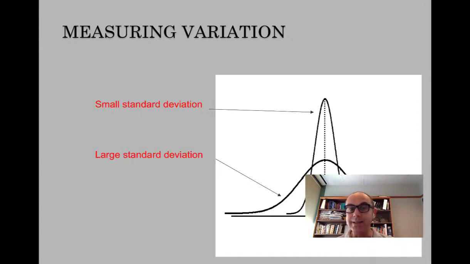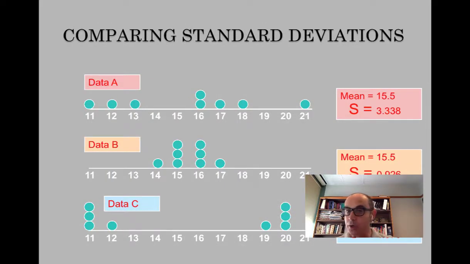So where do the small standard deviation and large standard deviation stand, and how do we actually do it? One of the things that we like to do is compare standard deviation. We have 3 or 4 sets, and we try to measure to see where the standard deviation is bigger or smaller.